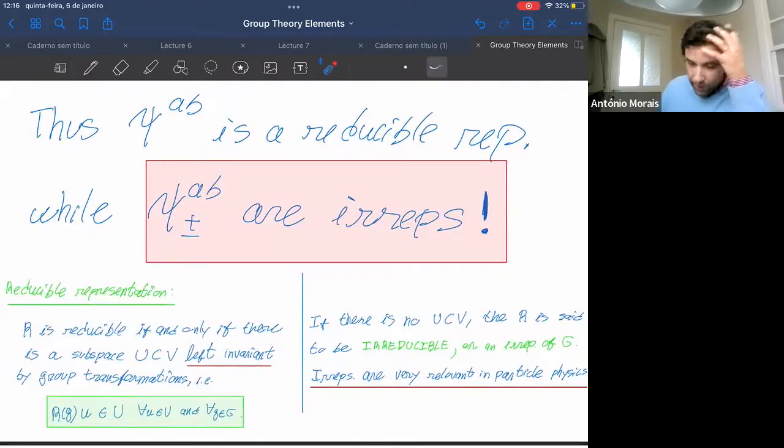What is a reducible representation? R is reducible if and only if there is a subspace U containing V left invariant by group transformations.